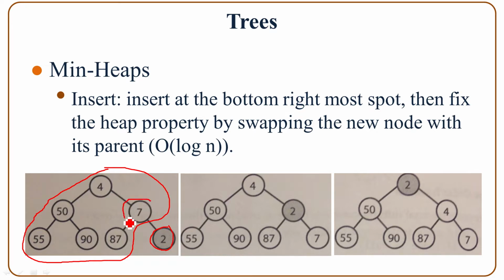Looking at node 7, node 7 is greater than node 2, and here we talk about the key. The key of 7 is greater than the key of the other node, which is 2. So we have to fix it. We have to swap the two nodes. So then we bubble node 2 up.